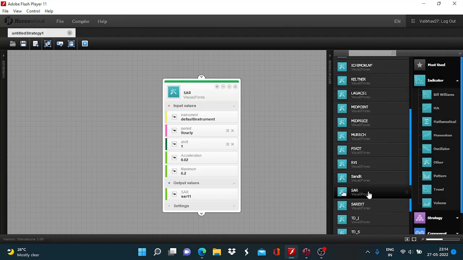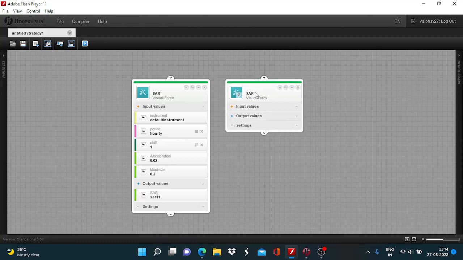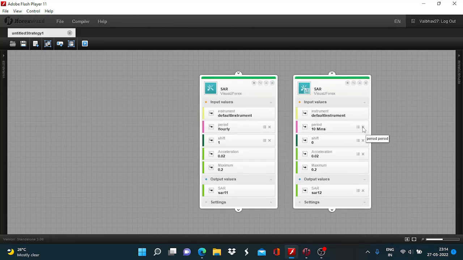So for that I will take one more SAR indicator block. Here also the candle period needs to be changed. I will change it to hourly again, and the lookback period of 2.